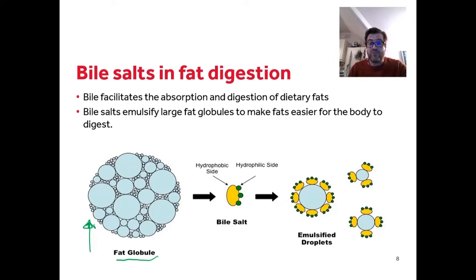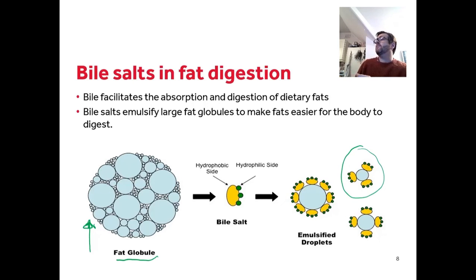So the bile salts have a hydrophobic side and a hydrophilic side. What they do is break up these large fat globules into what we call emulsified droplets. Those emulsified droplets can be really quite small.